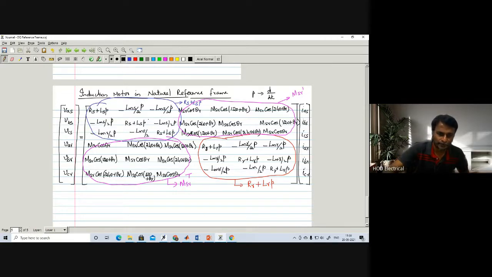Similarly, these three variables are the stator voltage variable, which we can write as VABCS. Then this is the rotor variable, which we can call VABCR. Similarly, this is the current variable, so we can call it IABCR.